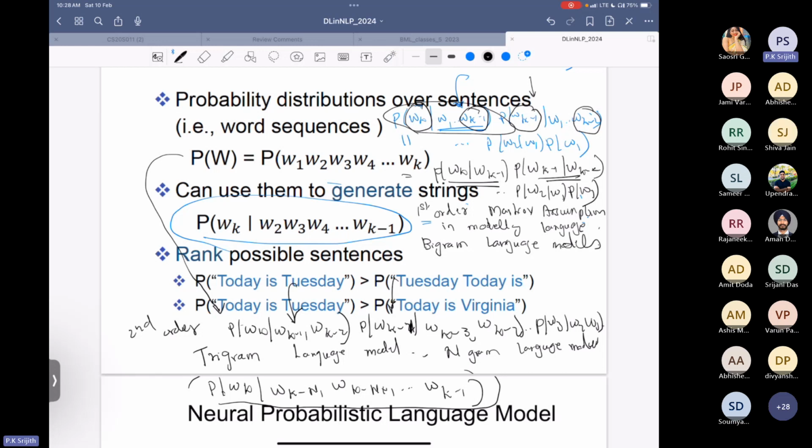Sir, for example, somebody has given "today Tuesday", which contains only two words, and we want to correct that sentence. It should be "today is Tuesday". So our input has a length of 2, but the correct length of the output should be 3. How to handle such situations here?